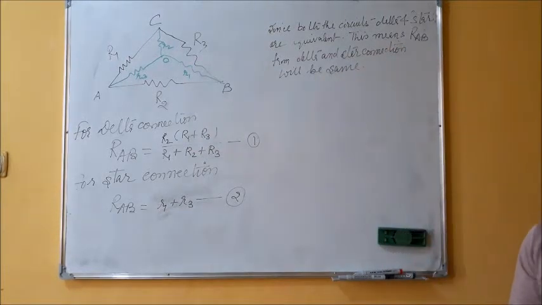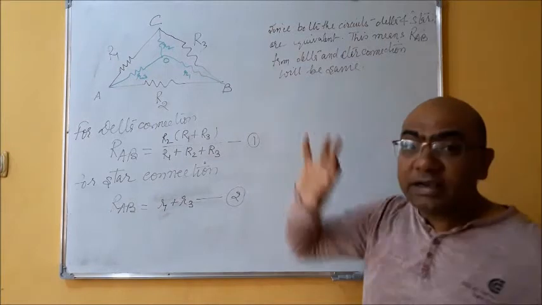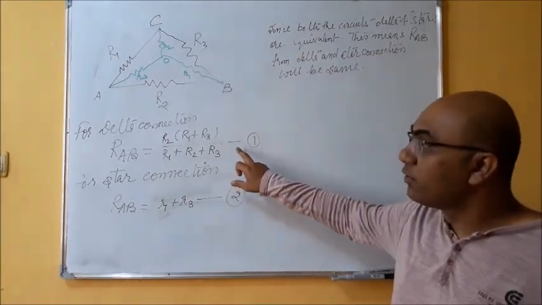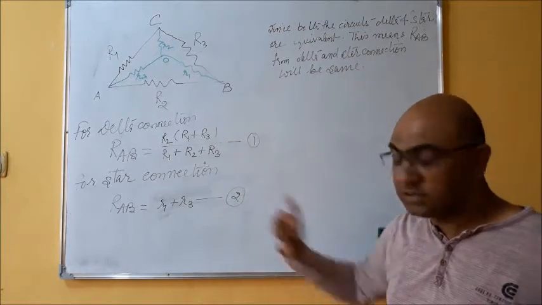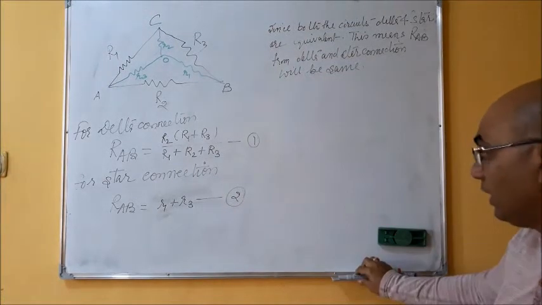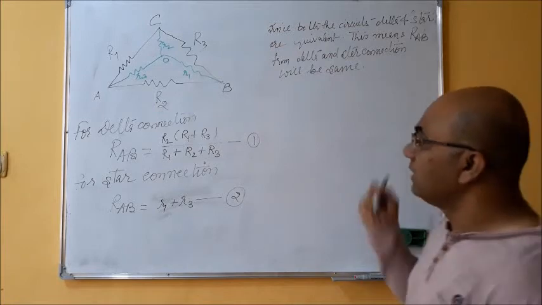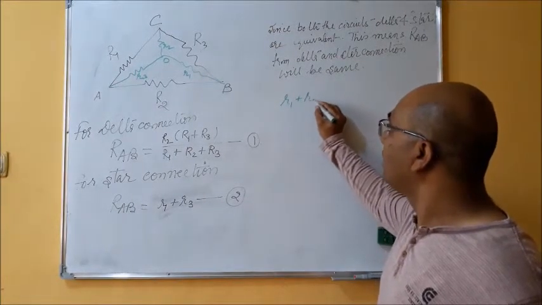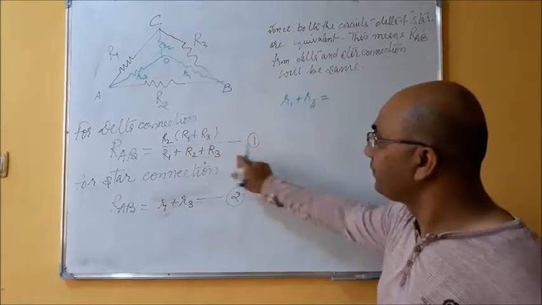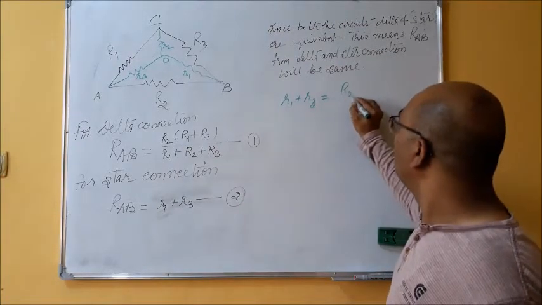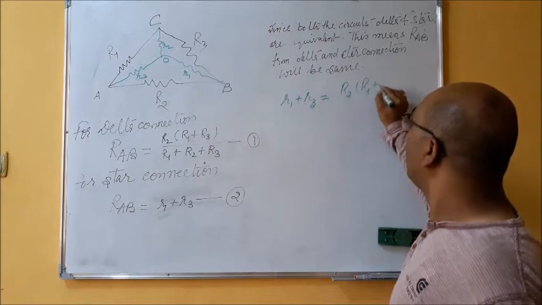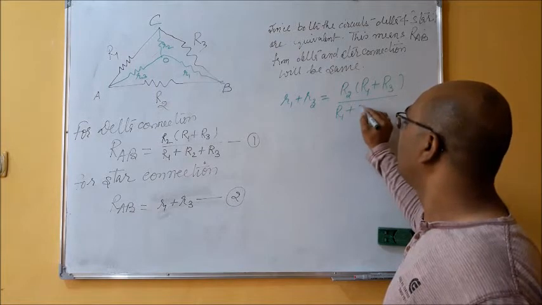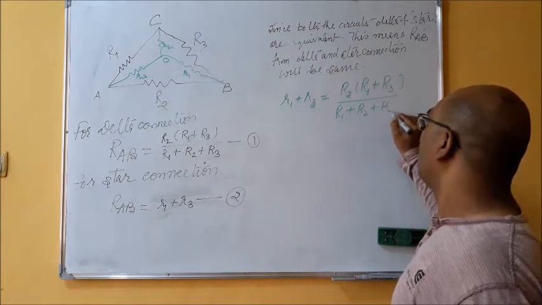Okay, so if the delta circuit and star connection are the same, the value which we get from the delta connection and from the star connection should both be equal, and hence if I write this way, what I get is r1 plus r3 is equal to R2 times (R1 plus R3) divided by R1 plus R2 plus R3.